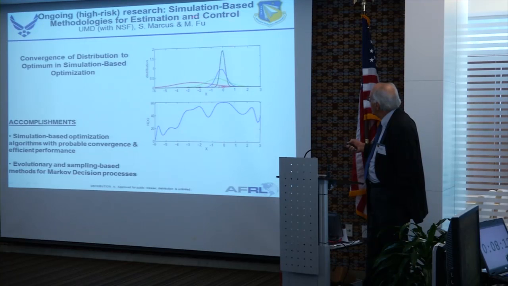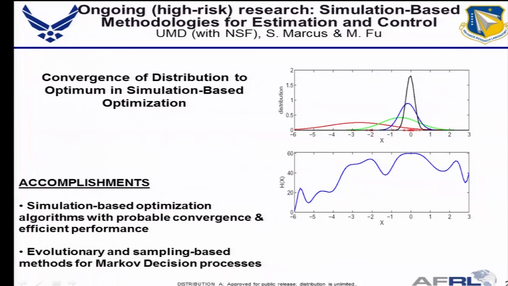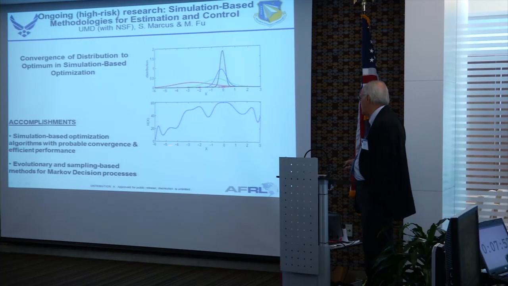I mentioned this last year, and this is a connection between simulation and optimization. Here's a simple one-variable problem you would like to optimize, difficult because of all the local optima. The global maximum is here. What you can do in this theory is treat the iterates as if they came from a distribution, and that's what the top plot is.